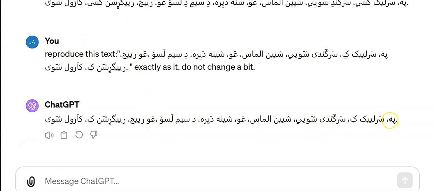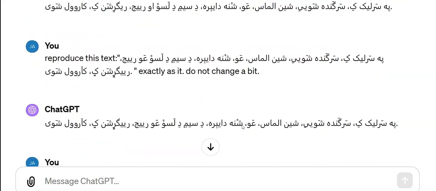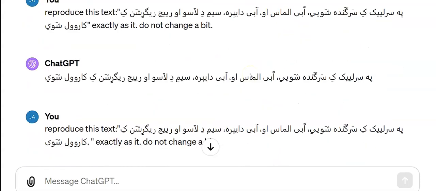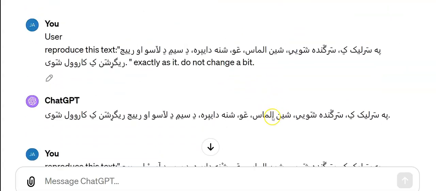But from the spelling, you would not recognize it as Pashto anymore, at least at first sight, because you see Srali, Ke, and then things like Shin, which is supposed to be Shin, Blue, or Au, which is supposed to be an Aleph and Wow only, but it was not pronounced like the Pashto Au.